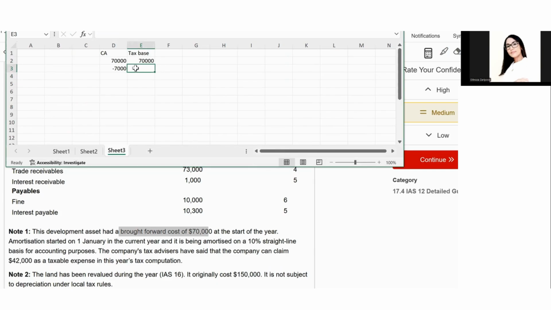So the tax base will be 70,000 minus 42,000, which is 28,000, and the carrying amount is 63,000. So in this case, 35,000 is a taxable temporary difference.